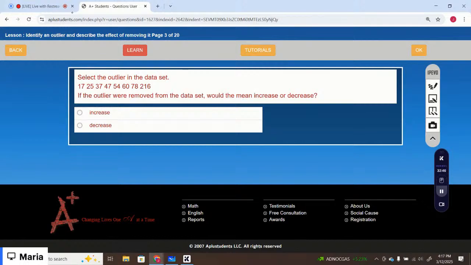That is 216, and if you remove the outlier 216, the mean would be decreased.